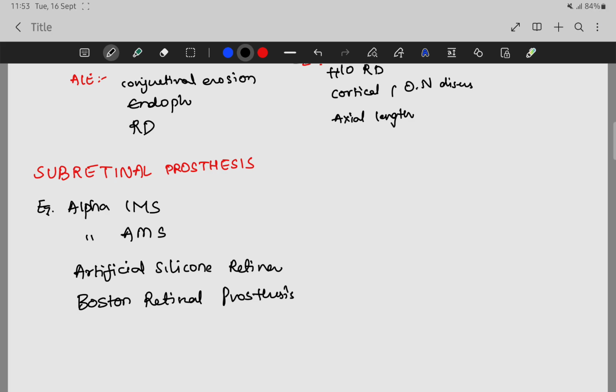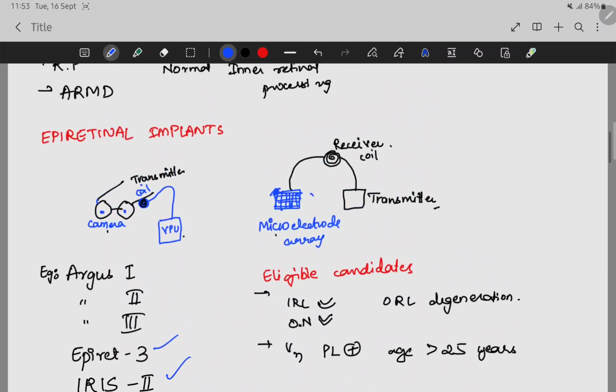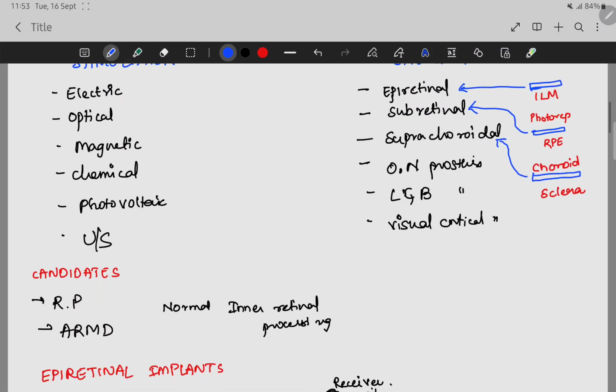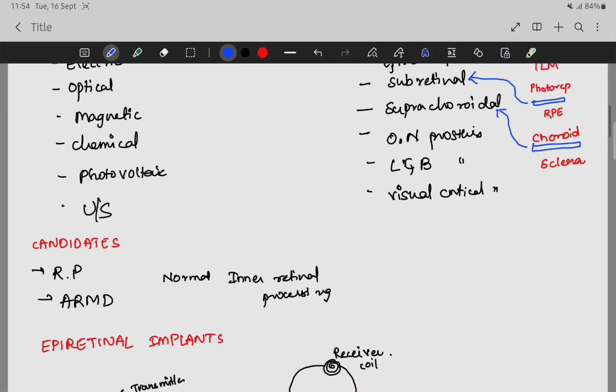So this subretinal prosthesis, so what are the indications? So we have discussed here the subretinal is below the photoreceptors and over the retinal pigment epithelium.